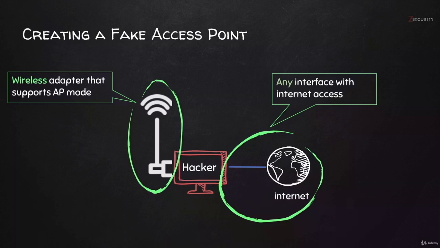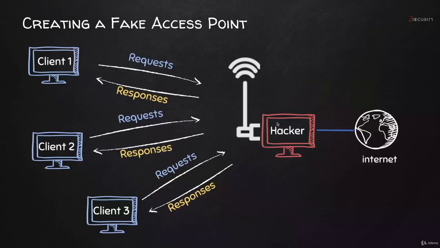So once we have this set up properly, we can use our computer to start an access point, and it's going to act exactly like a router. So people will be able to see the network when they look for Wi-Fi networks. They'll be able to connect to it and get internet connection. But when they connect, they will have to send us all of their requests because we are the router, we are the access point.